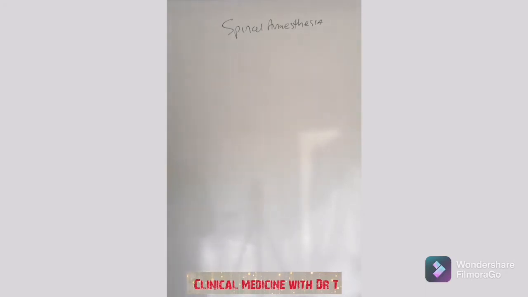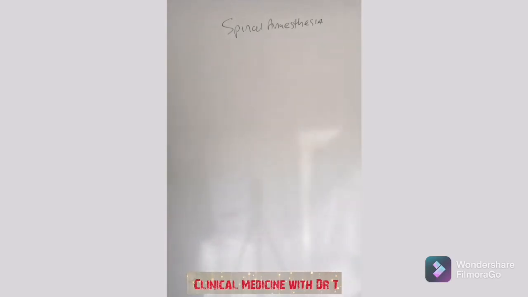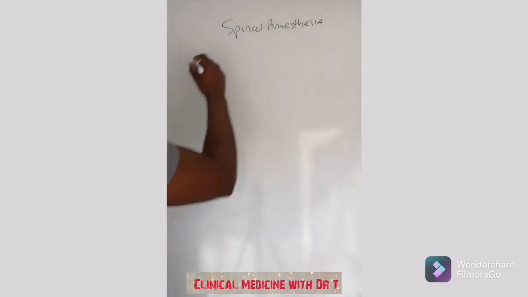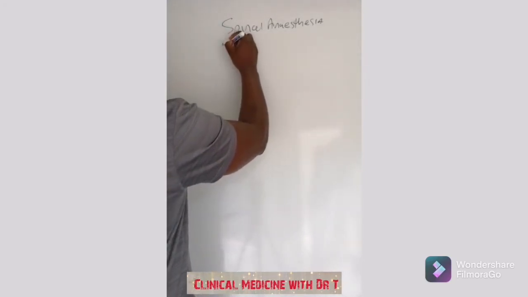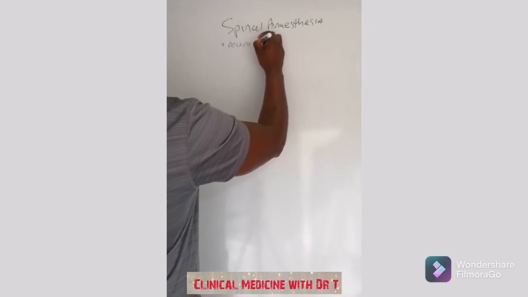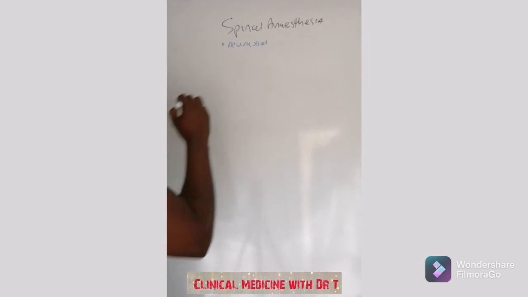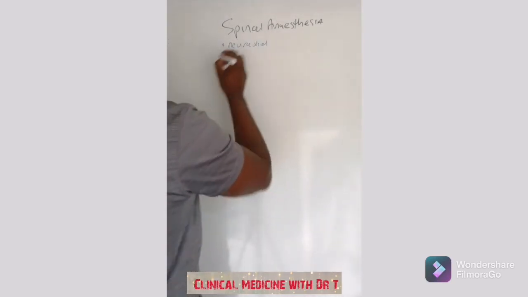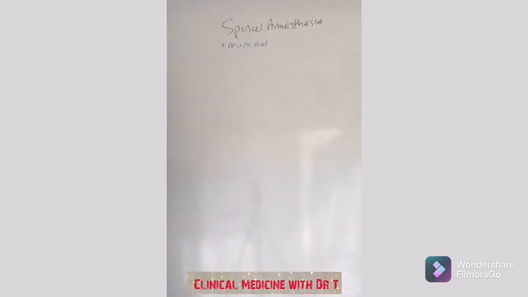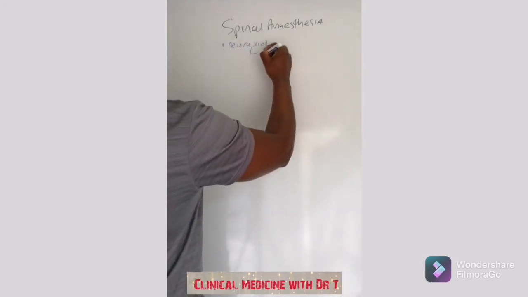But yeah, what we know is that spinal anesthesia falls under neuraxial anesthesia, and we know that neuraxial anesthesia is under regional anesthesia.